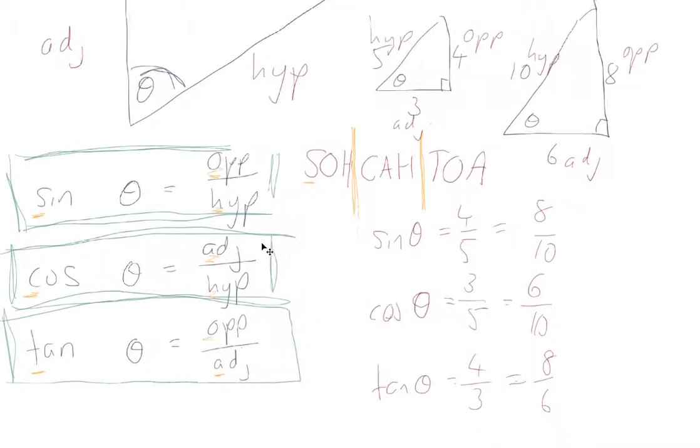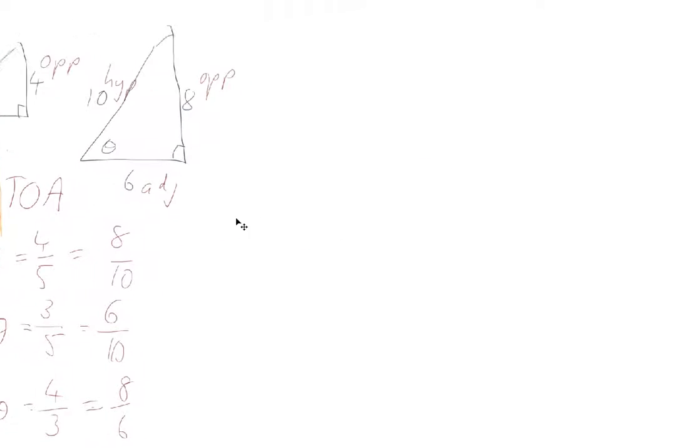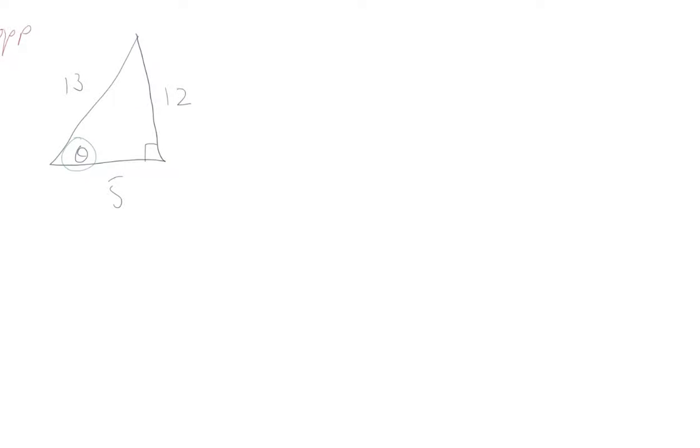To give you another example, if I gave you this triangle with sides 5, 12, and 13, and theta here, I'm linking my angle now with 2 sides.